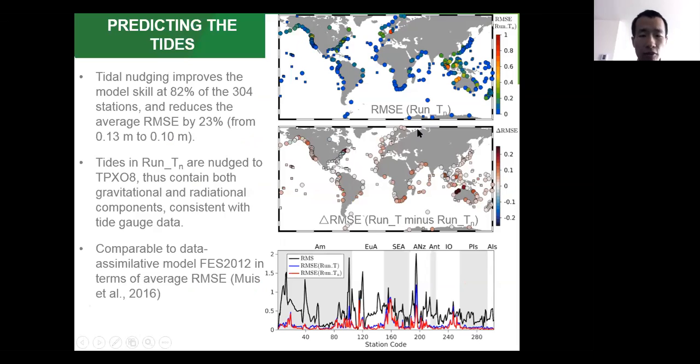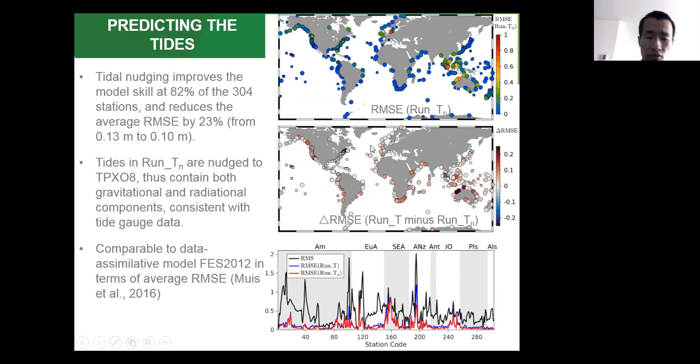Now, in this section, we are going to use the tidal gauge data to evaluate the model skill in predicting the tides, surges, and total water level. Here the top panel shows the RMSE map in the tidal only run with nudging, and the middle panel shows the differences in RMSE between the two tidal only runs without and with nudging.